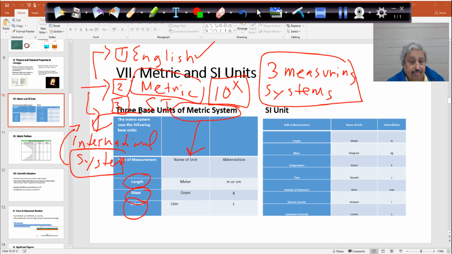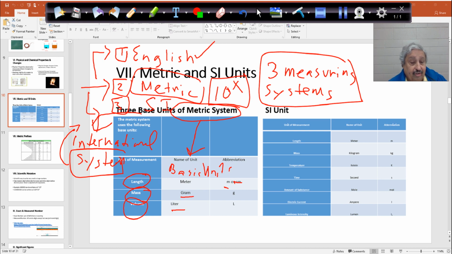Those are called basic units. In the length we use meter, small m, not centimeter, we use the meter. In the mass we use the gram, the basic unit, and in the volume we use liter.